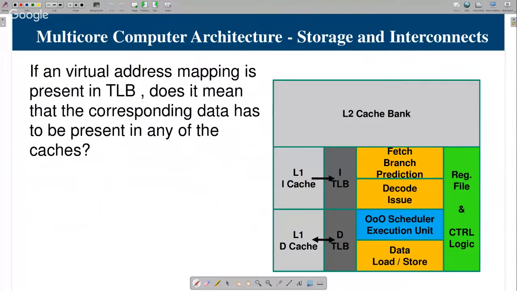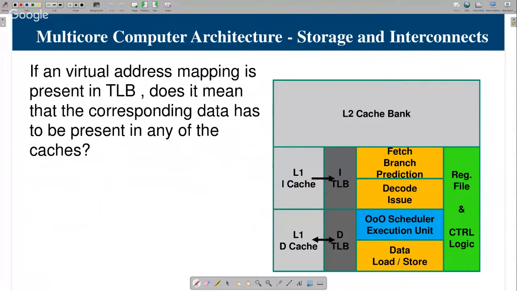So the question is, if somebody is getting a hit in TLB, does that mean that it is present in the cache? No, we cannot guarantee that if something is a hit in TLB, it is going to be a hit in the cache. You have to understand that TLB is very small, only very few entries can be populated in the TLB.